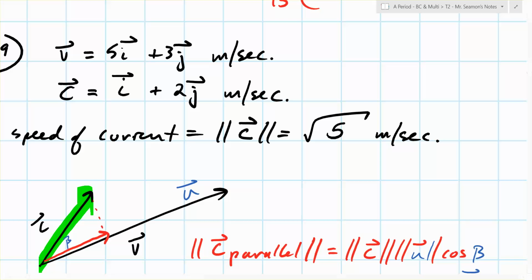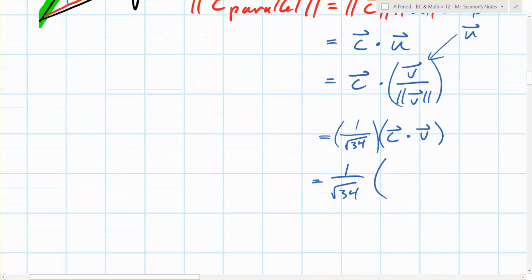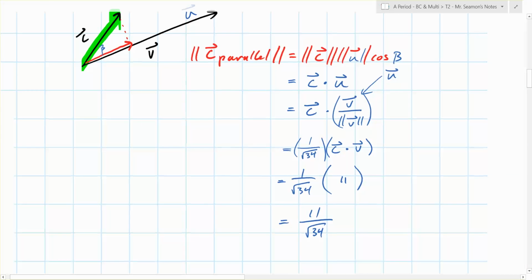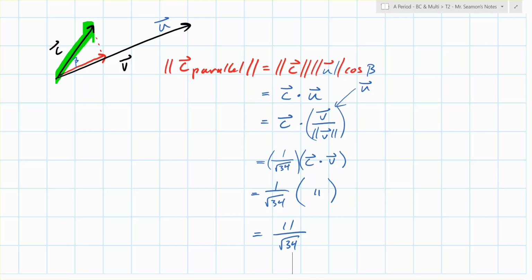We can just look at this and find the dot product. 1 times 5 plus 6 is 11. So we end up with 11 over root 34. Does that make sense, everybody?